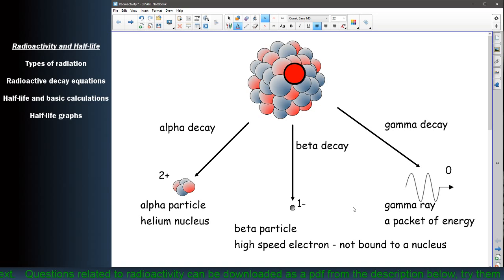And this accounts for their behavior. An alpha particle traveling through the air is not going to get too far. The reason is that as soon as it encounters something else, it's just going to go, I'll have those electrons, thank you so much, and yoink electrons from something else that it sees. As it travels past an oxygen, it'll go, thank you, I'll have that.